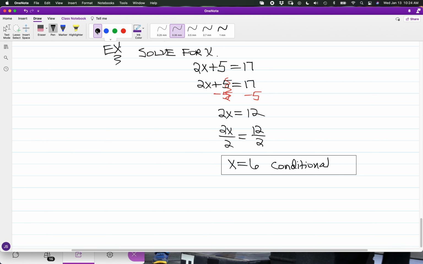Now, in terms of what's going to be categorized as a contradiction, okay, now for a contradiction, in mathematical terms, this is going to be an equation with no logical solution.